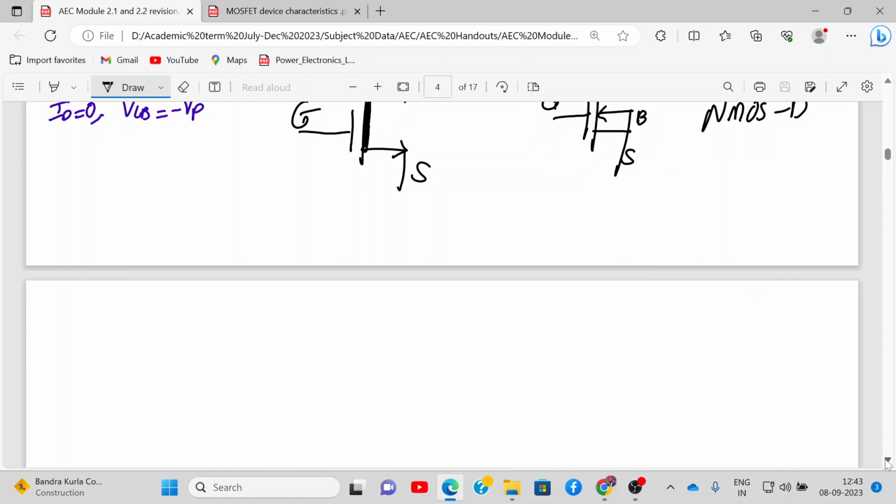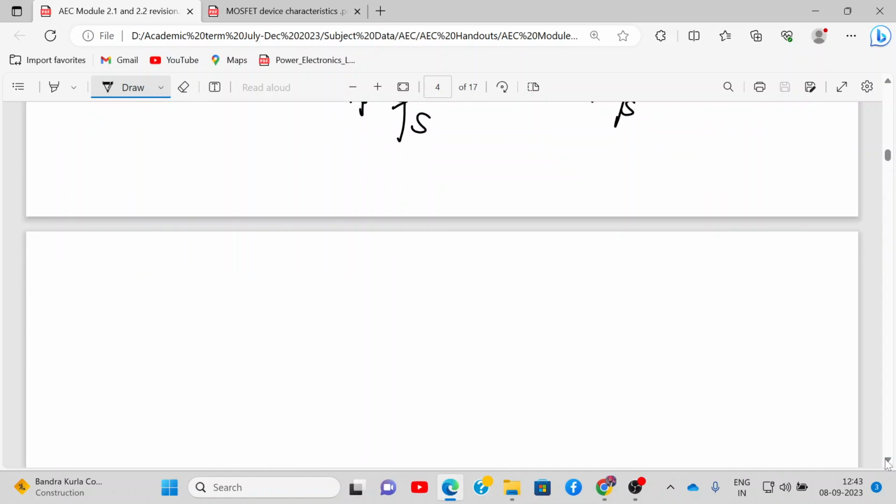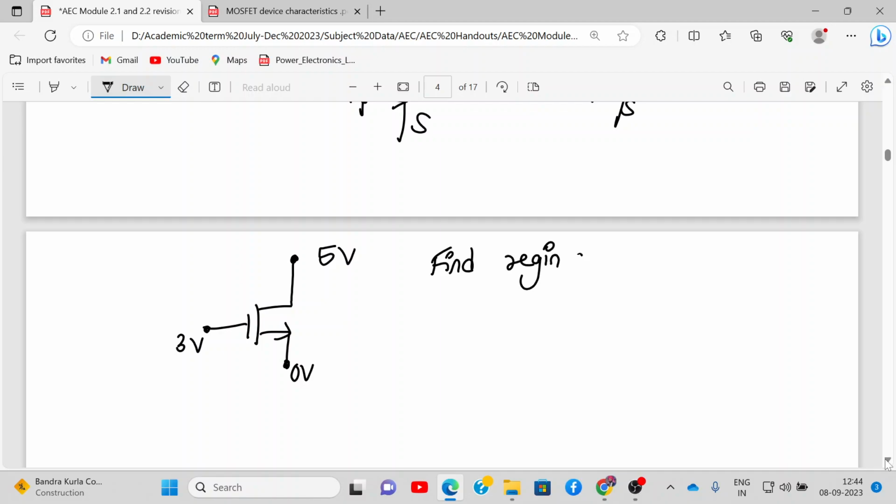2.1 will be over. So let's say that in an enhancement type device, the gate voltage is connected at 5 volt, this at 3 volt, this at 0 volt. Find the region of operation of the MOSFET.